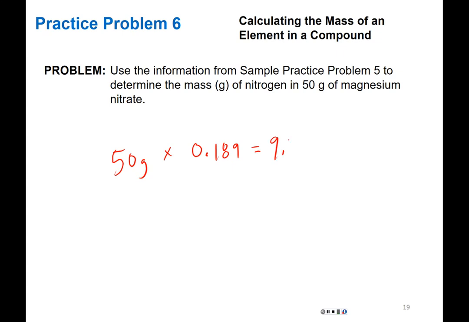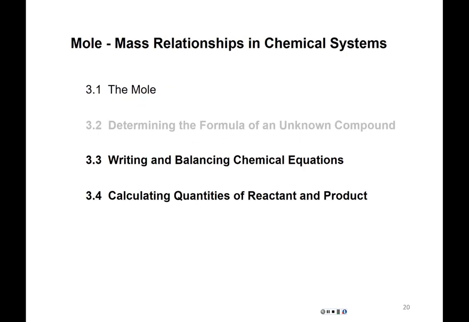And we get 9.45 grams of nitrogen in 50 grams of magnesium nitrate. And it's very important to remember to use mass fraction for that and not the mass percentage, or you're going to get a larger number than the total mass of the compound.